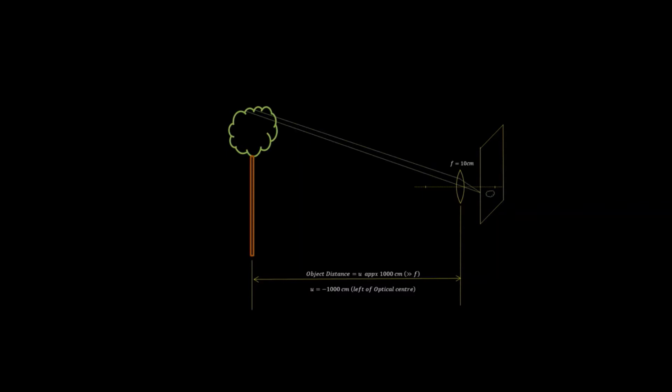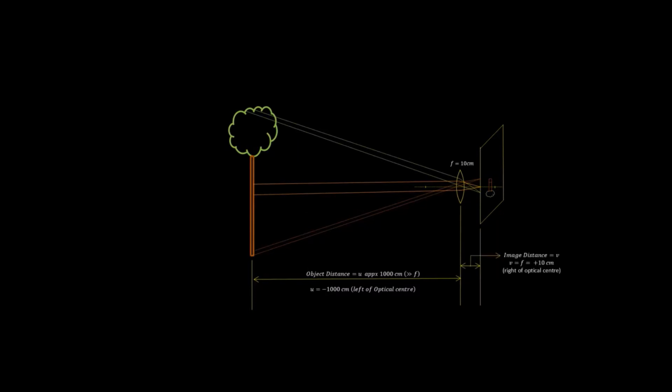And all the leaves, they come in as parallel rays and they form a small image on the screen. And similarly, rays from the bottom part of the tree come and form an image on the screen. And rays from the center also form an image on the screen, right? So together, all these rays form an image which is diminished, real and inverted.